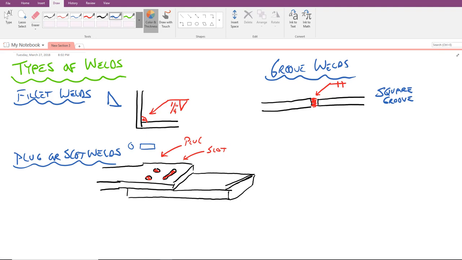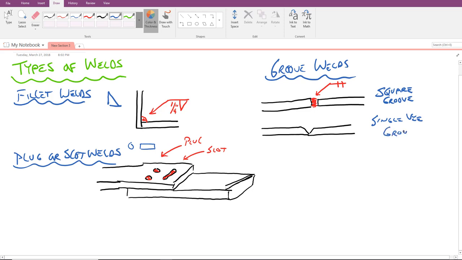The next one that I like to quickly notate is occasionally we will have a piece that we will taper down like this, and we call this one a single V groove. V for the shape, although they do spell it this way right here, V-E-E.